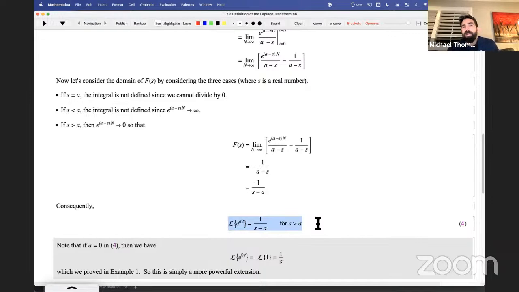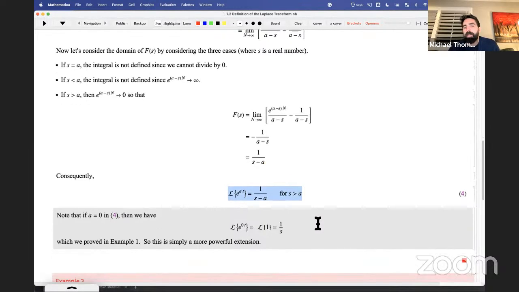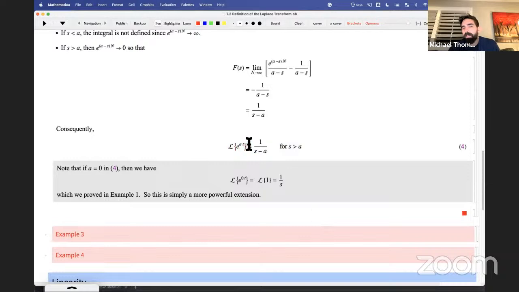All right. Now, one of the things you're going to notice with transforms as we develop them, a lot of these are generalizations of previous transforms. For example, this is a generalization of the transform in example 1. Look, if we take this rule, and let's say we choose a equals 0. So plug in a 0 there, and a 0 there, and a 0 there. Then what happens is you have e to the 0t.